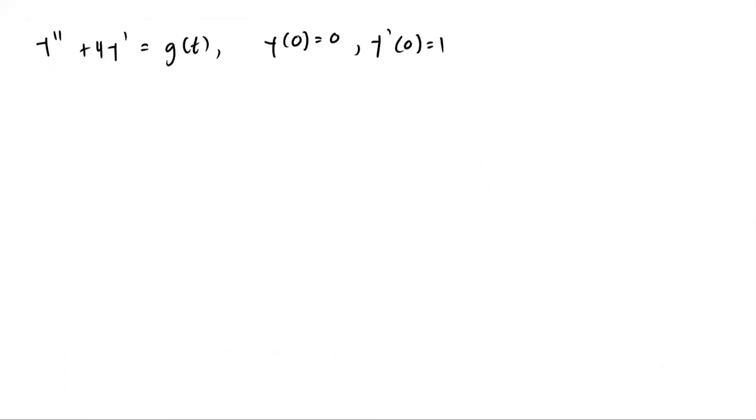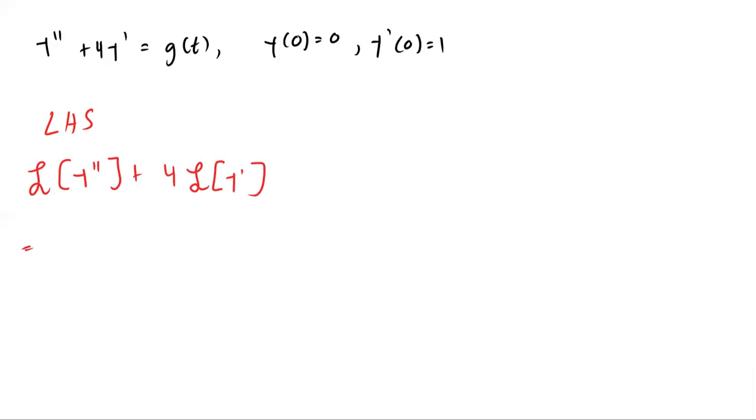So as I mentioned, now that we've written g of t in terms of unit step functions, that Laplace transform is going to be easy to compute. Right? So let's compute the Laplace transform on both sides. And so for the left-hand side, we have, by linearity, the Laplace transform of y double prime plus 4 times the Laplace transform of y prime. We have formulas for this.